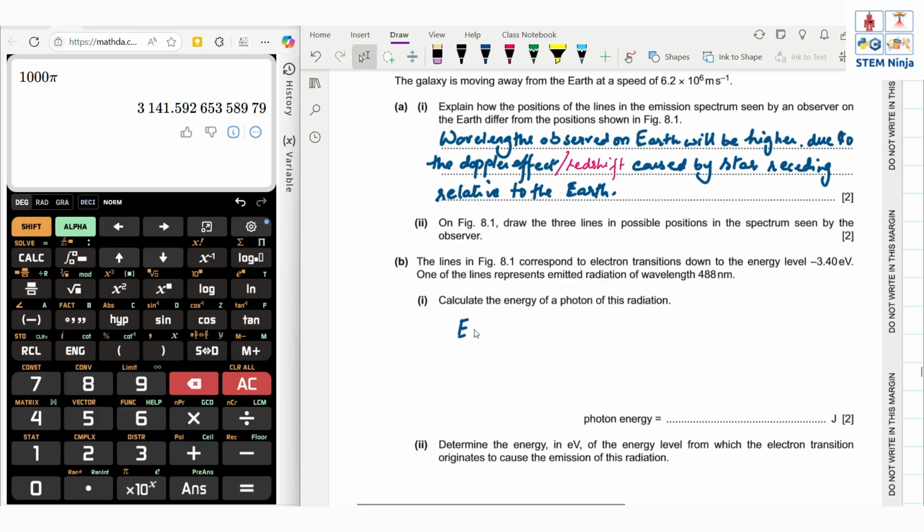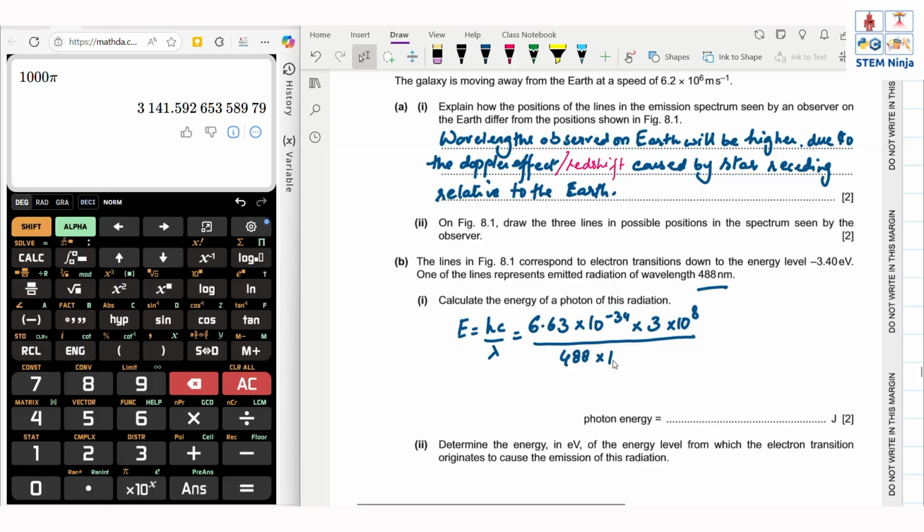So basically, E is equal to hc over lambda. So 6.63 times 10 raised to power minus 34. Planck's constant value can be found in the constant sheet. Times 3 times 10 raised to power 8 divided by this lambda, which should be in meters, not nanometers.